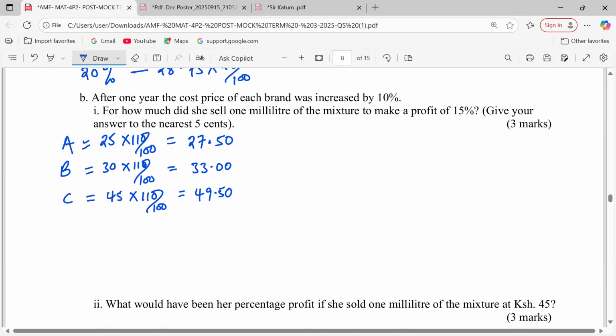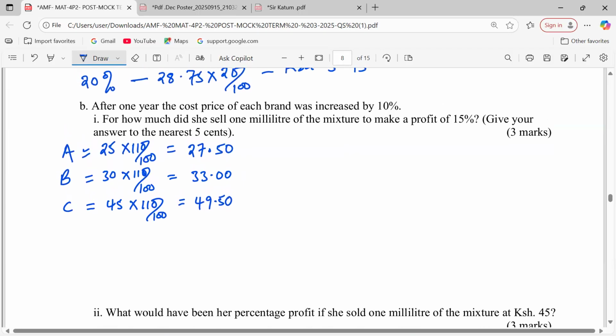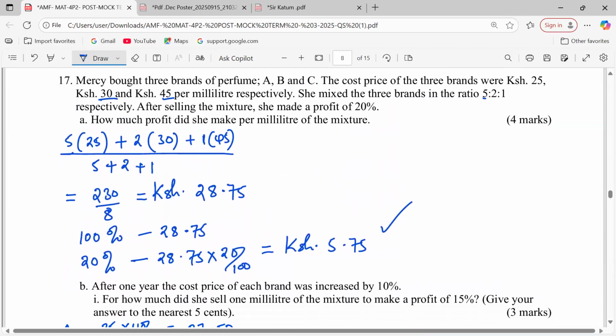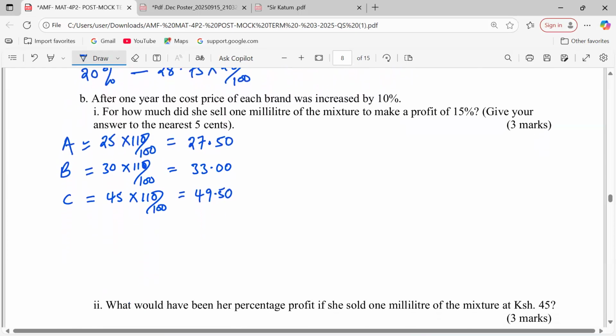Assuming that now she is going to mix in the original ratios, the ratios will remain for mixing. Then we will have 5 proportions according to the ratio, 5 proportions at 27.5, then 2 proportions at 33, then 1 proportion at 49.5.